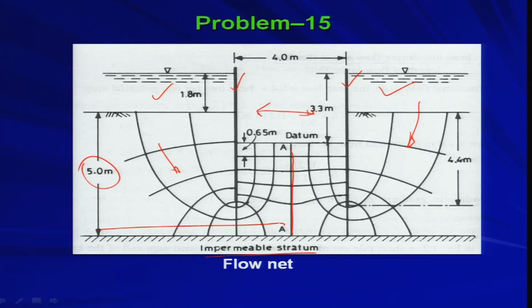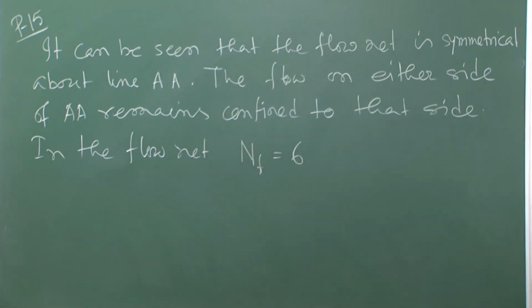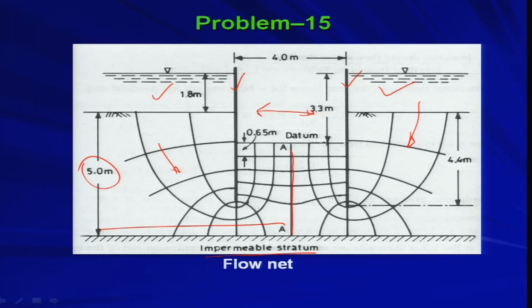If you count, you can find out how many flow channels you will have. If you look at this flow net, you will have 6 flow channels, right. NF equal to 6, 3 on either side. So, total number of flow channels will be 6.